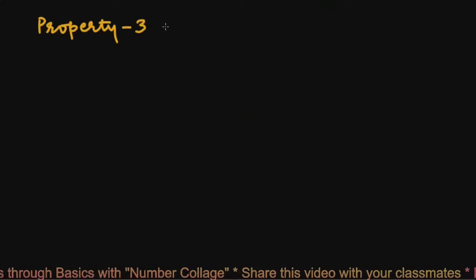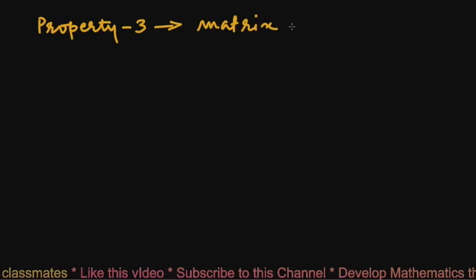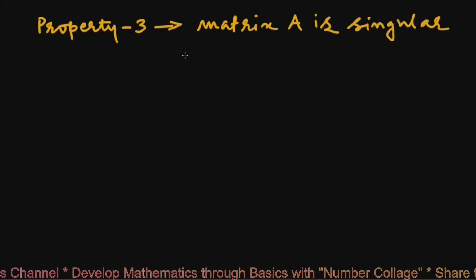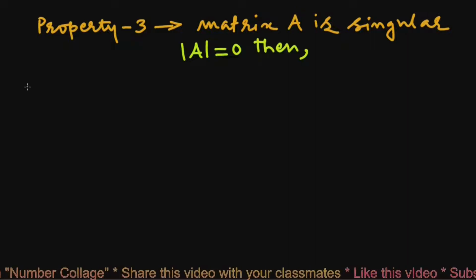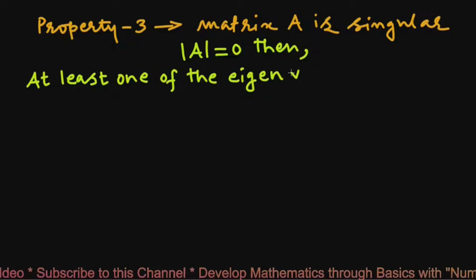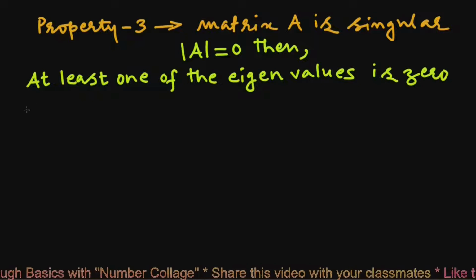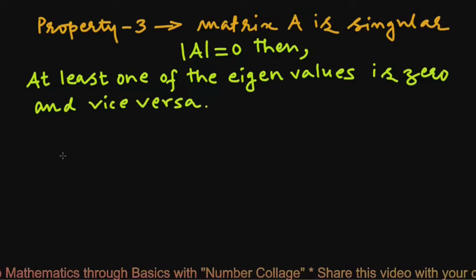Third property of the eigenvalues, property 3, is: if matrix A is singular, which means determinant of A equals 0, then at least one of the eigenvalues is 0 and vice versa. Now this can be easily proved.